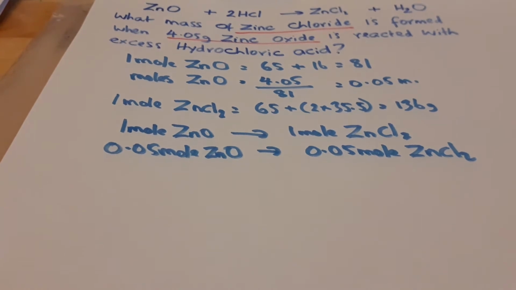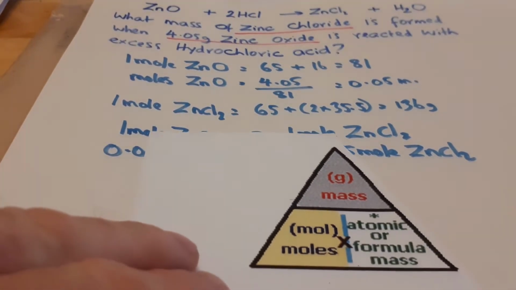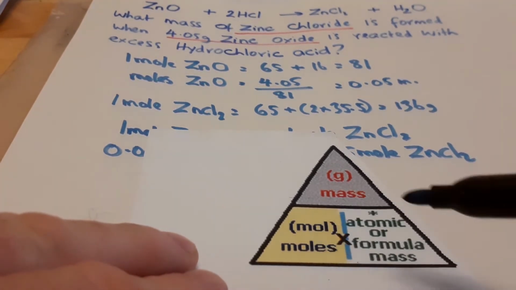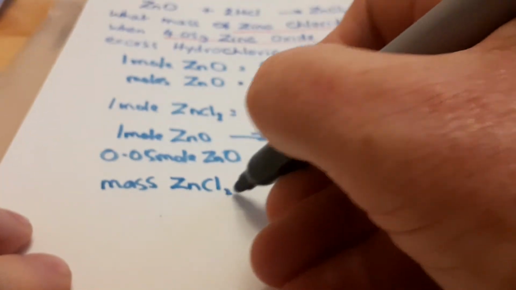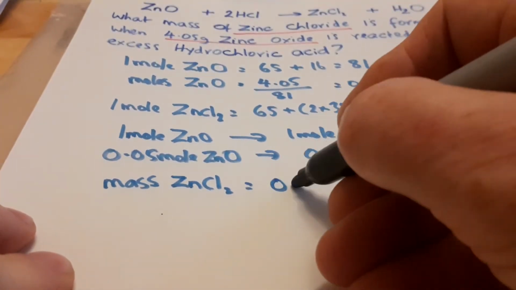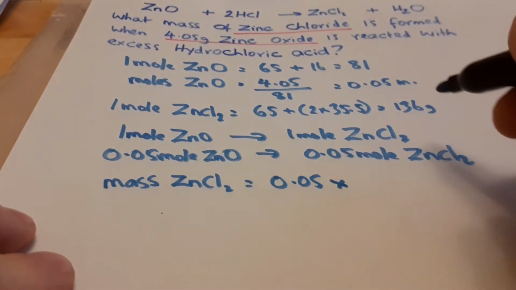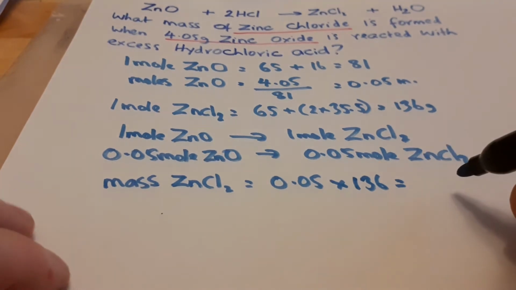So finally then, to get the mass of zinc chloride, we come back to our old favourite again. Mass equals the number of moles times the mass of 1 mole. So the mass of zinc chloride equals the number of moles, 0.05, times the mass of 1 mole, 136.